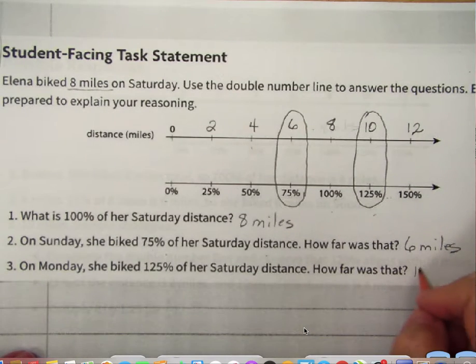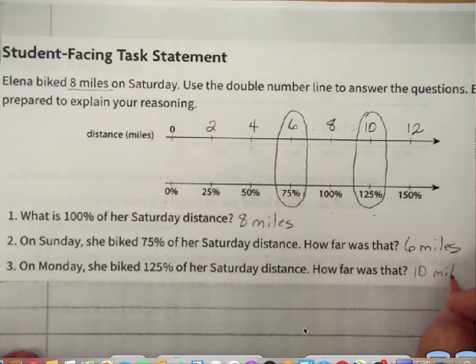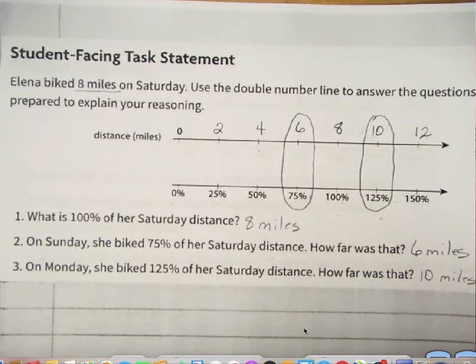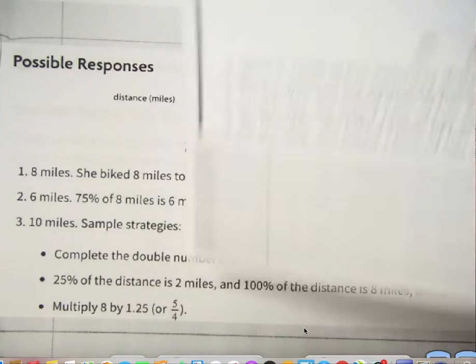And that's going to be 10 miles. Okay? Now, do you have any questions about how I laid this out? Okay? I just reasoned through it logically. Just reason through it logically and recognize the pattern.